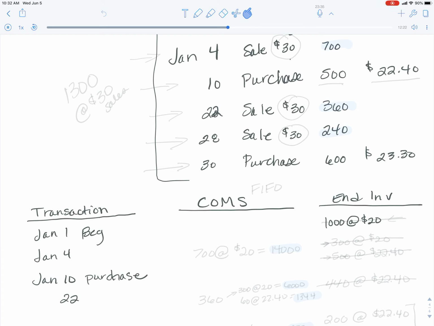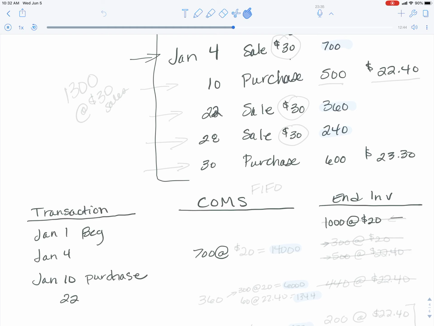On January 4th, we sold 700 units for $30. So we don't have to worry about the sales price just yet, but we did sell 700 units. So the middle column is going to be our cost of merchandise sold calculation. But we need to know, at what cost were they?